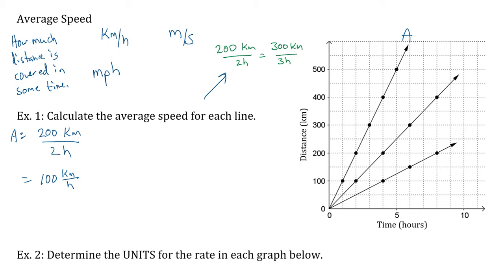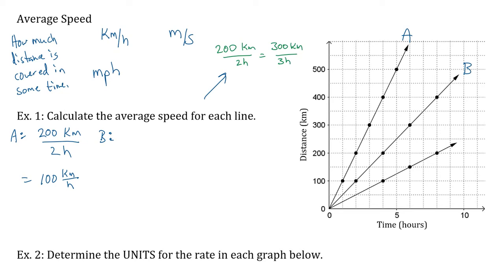Again, I think this is stuff that you can follow, that you understand. But maybe we start to think about it in a different way when we're thinking about it as a rate and how it applies to linear relations. Okay, let's do line B. So again, we can pick any one of these.